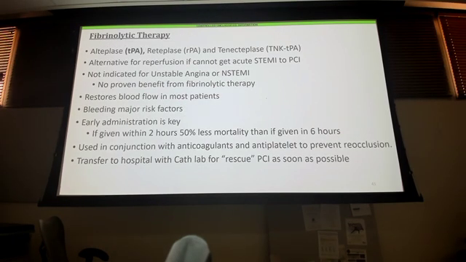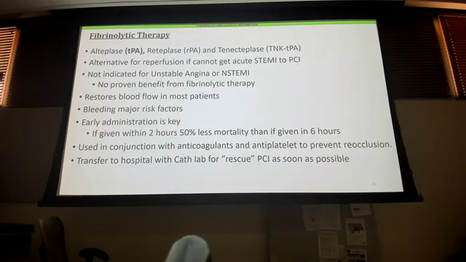Then we talked about fibrinolytic therapy in patients who I cannot get to a cath lab within 90 minutes of them arriving at my facility. Okay? And the reason we give this is if there was a clot that formed, similar to a stroke, that's obstructing perfusion, I want to get rid of that clot, provided they're a good candidate and have lower risk for bleed and further complications if you were to give fibrinolytic therapies.